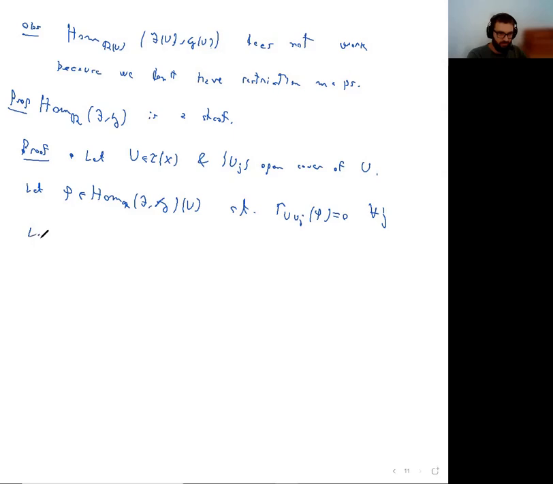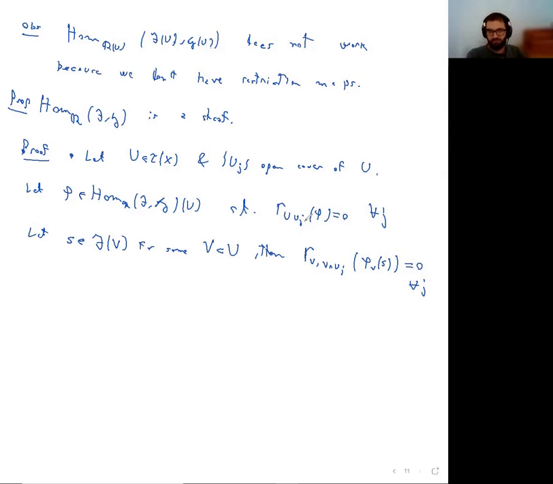Well, we take a section s here, then what this means is that if you restrict from V to V intersected U_j of phi_V of s, this is 0 for every j.